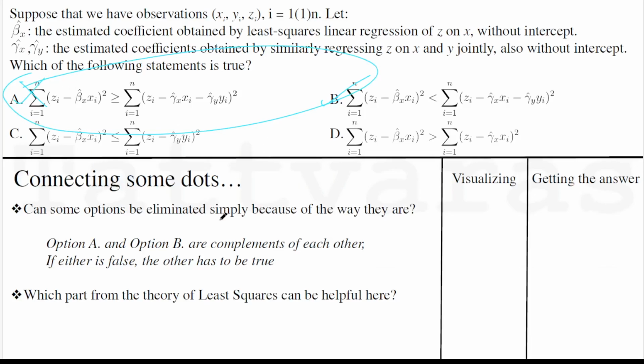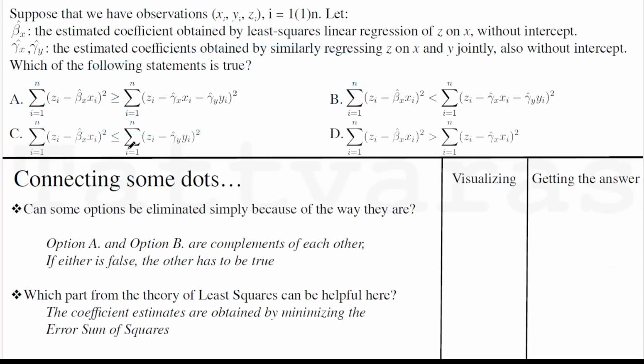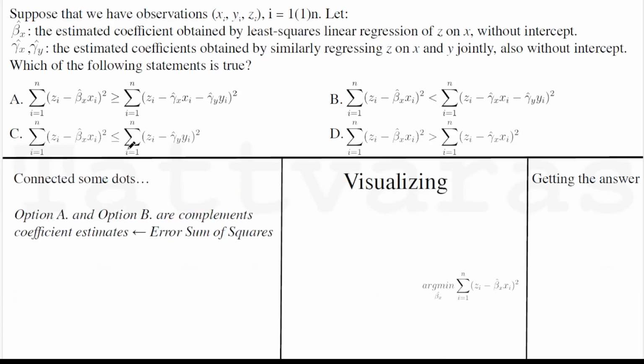The second thing that we have to connect is that least squares theory is a big chunk. What can be useful over here in this context? Because we have so many error sums of squares, the part that could be useful is the minimization of error sum of squares in the theory of least squares. And let's see how it helps us in visualizing certain things and getting to the answer. Now, what least squares does is minimize the error sum of squares for the given model.